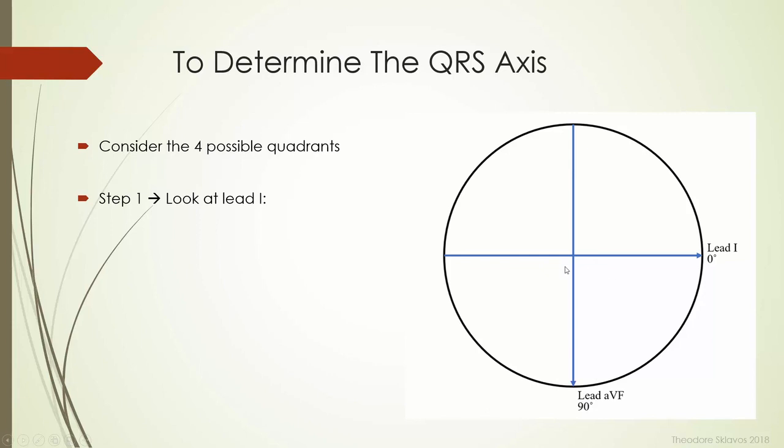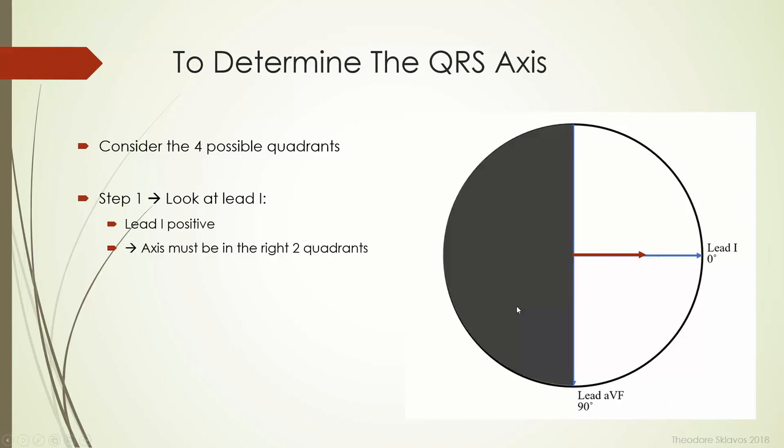Now looking at lead 1, if lead 1 is positive, well that means the action potential, or the depolarization, is going towards lead 1. So the axis must lie somewhere in these two quadrants. It's not over here, so we're going to ignore those quadrants for the rest of this case. Then we're going to look at AVF. Now, if AVF is also positive, well, that means the axis must be heading towards AVF.